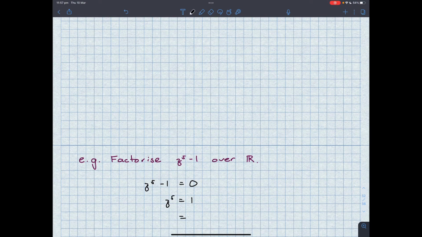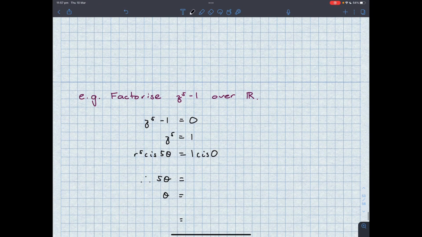So I can follow the same process. Using de Moivre's theorem, z to the 5 equals r to the 5 cis 5 theta, which is equal to 1, and we know that that is 1 cis 0.